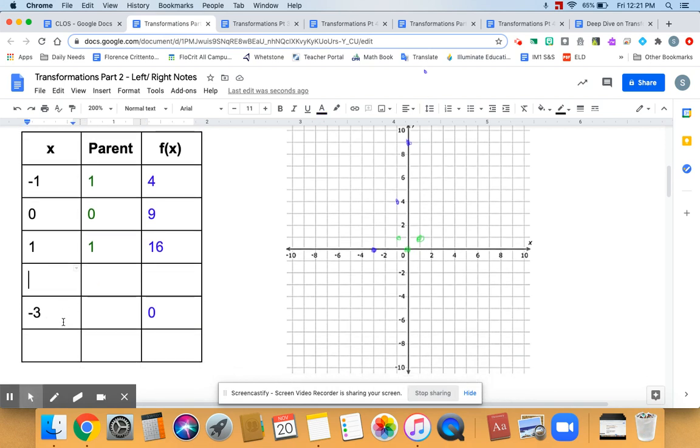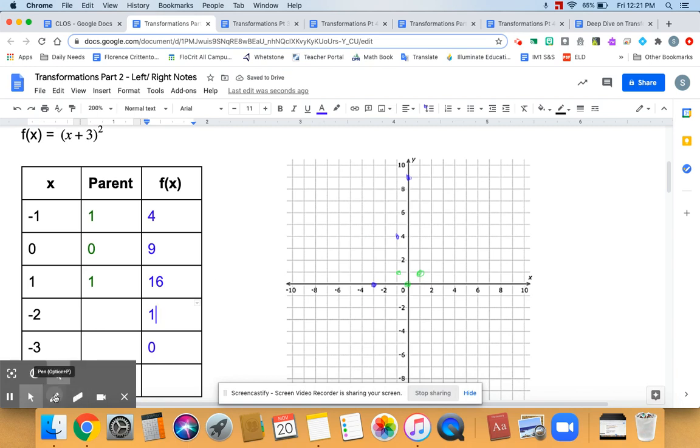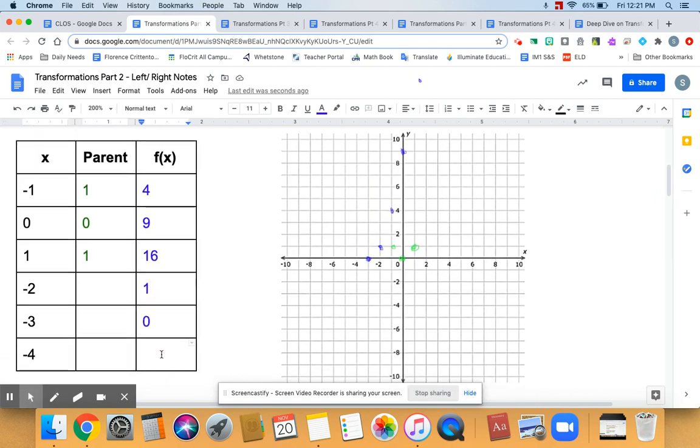Which means going around it, -2 and -4. If I plug in -2, and then I add 3, -2 plus 3 is 1, and 1 squared is 1. So at -2, there's a point at 1. And then for -4, the equation is x, so -4 plus 3. -4 plus 3 is -1.